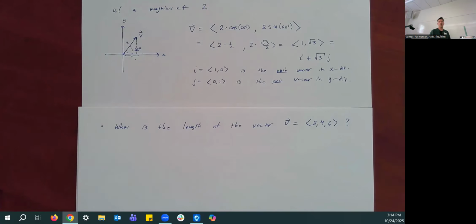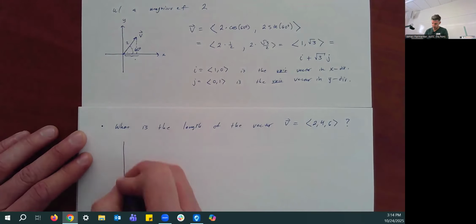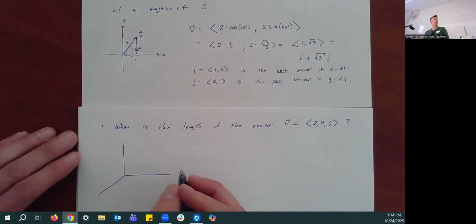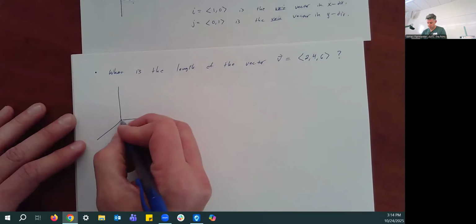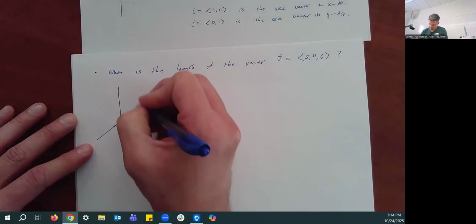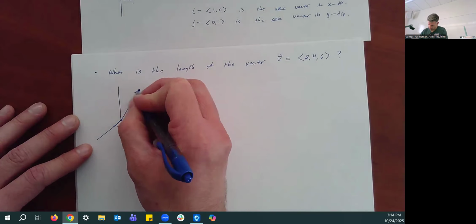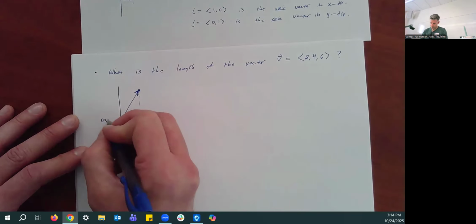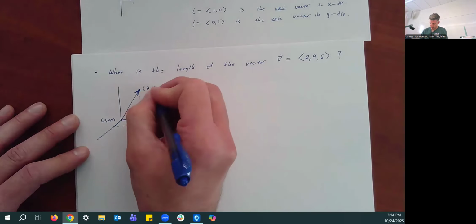That's all it really is. Or alternatively, you can think of it using the distance formula, because the vector 2, 4, 6 is the vector that starts at the point, well, the easy choice is the point 0, 0, 0, and then we draw it over to the point 2, 4, 6. There's the vector we're looking for that originates at the origin and terminates at the point 2, 4, 6.